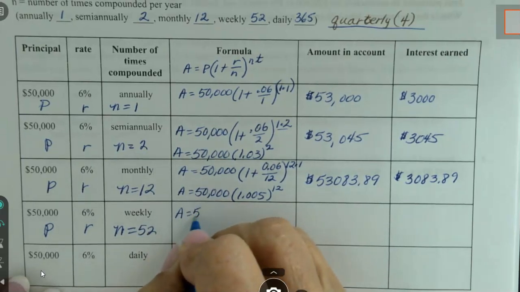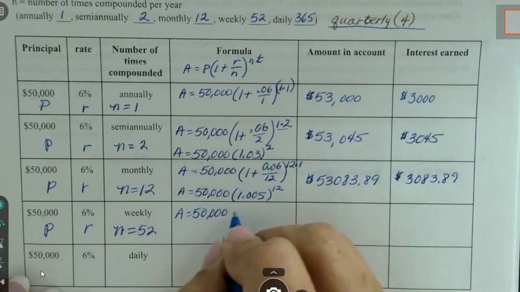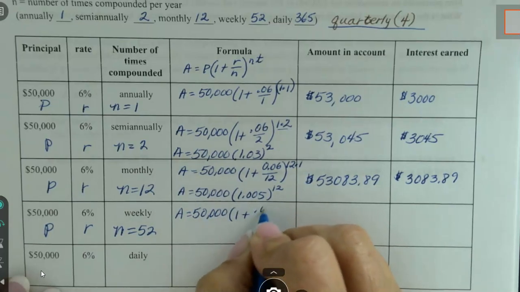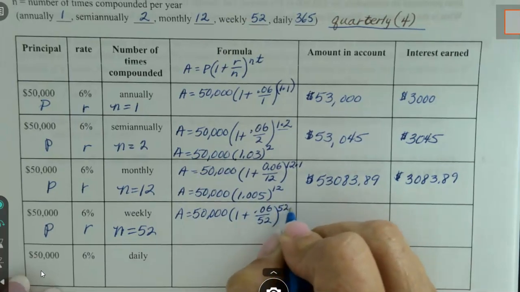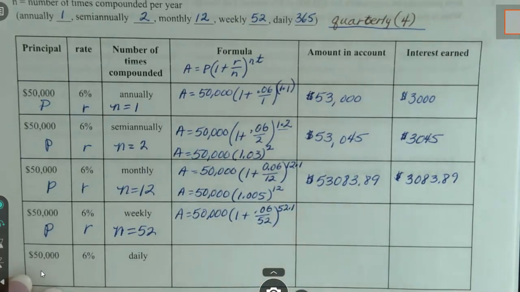And again, one thing that you guys need to practice is just being able to put everything into your calculator and knowing where all the numbers go. Okay? So again, I'm going to run that in my calculator.